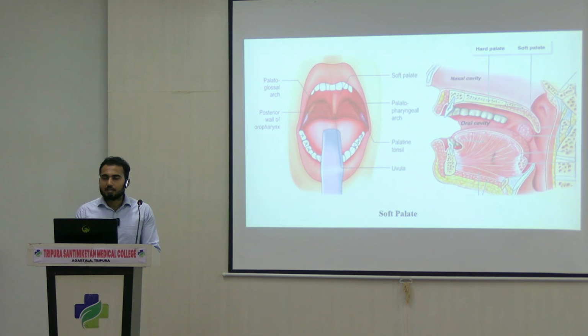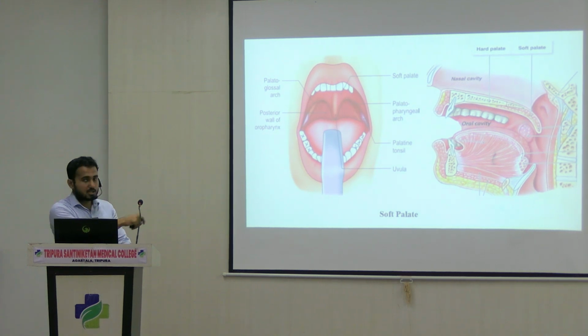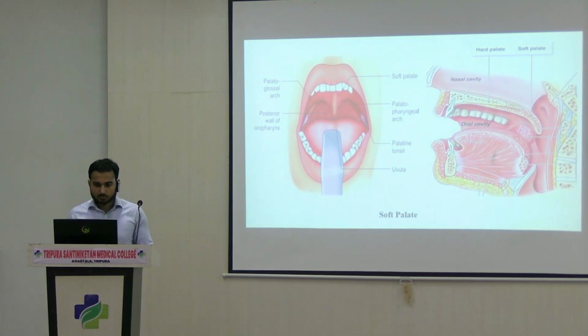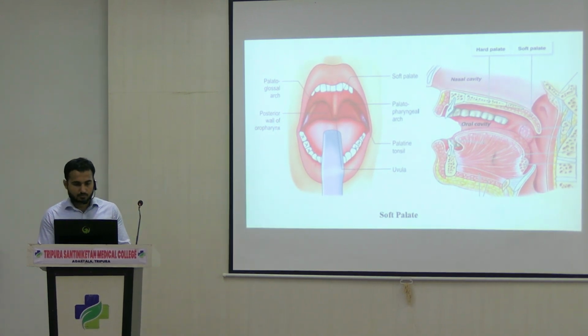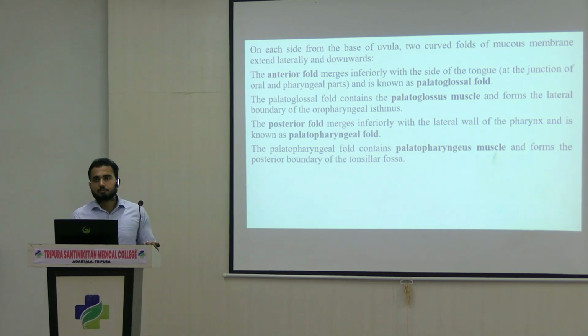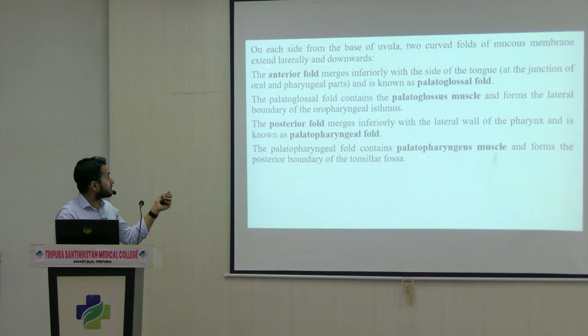Next, another fold situated posteriorly is the palatopharyngeal arch. What is present in it? The palatopharyngeus muscle. As I have shown you in the diagram, two folds of mucous membrane extend downwards and laterally.